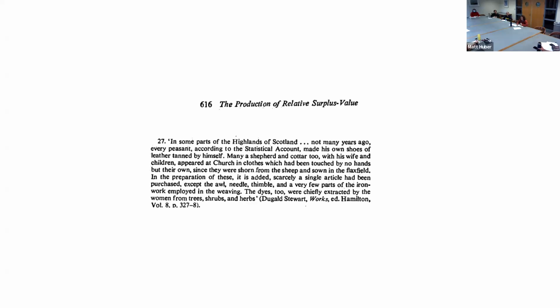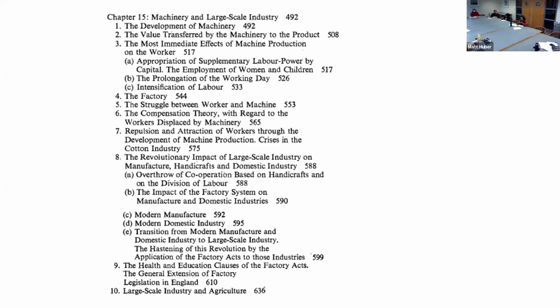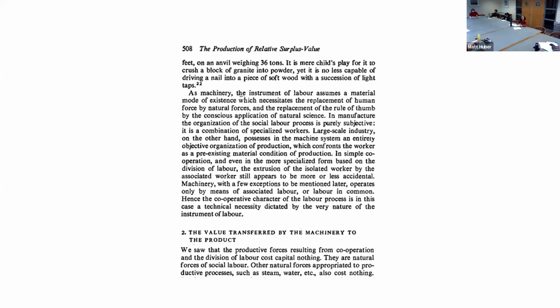So for Marx, machinery really further socializes that, and that is because of science, which helps us transition into section 2 of 10, where he starts to talk about how machinery transfers value to the product. But the paragraph right before really highlights how he thinks science is so important to this.